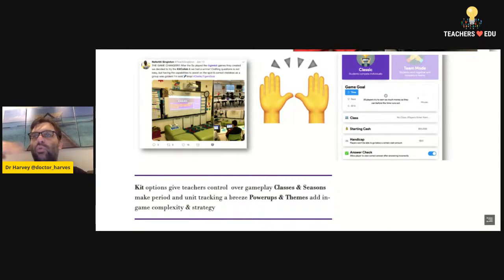For example, you could remove the icing feature, or the shield feature. There's a whole range of options for increasing complexity, which means that even if they've done the kit before, it's a completely different gaming environment if they repeat it, because you've changed the power-up options and the themes.